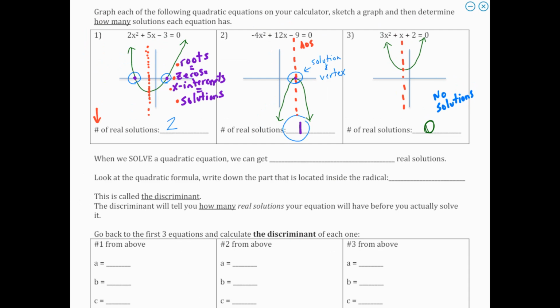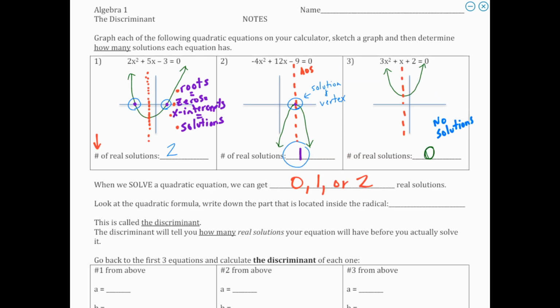Okay, so when we solve a quadratic equation, we can get 0, 1, or 2 real solutions. And here's another little tidbit of information that you won't run into in Algebra 1, but you will in the future: the most number of solutions you can have is based on the highest power in your problem.